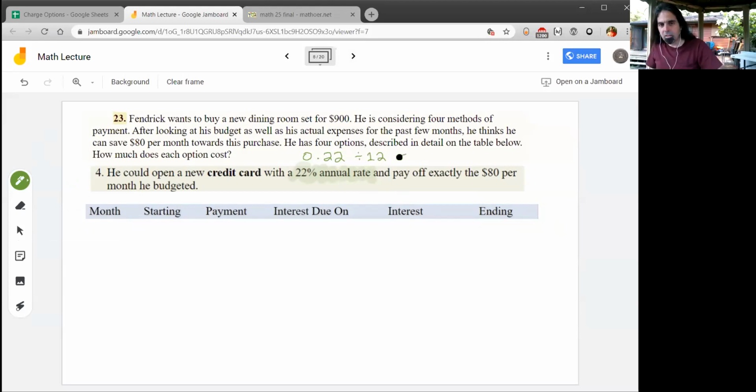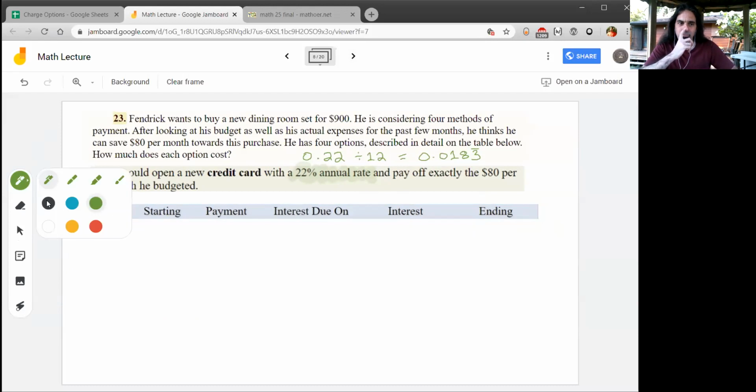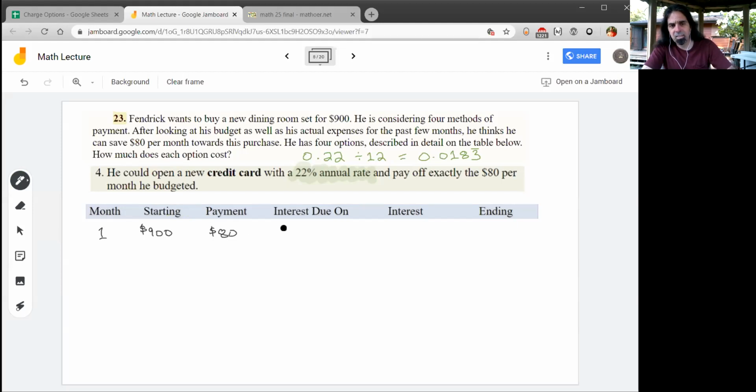This is that repeating decimal that could be tricky. So he starts at all 900, there's no down payment. He pays the 80 he wants. Remember to put lots of threes in your calculator or you'll be a few cents off.